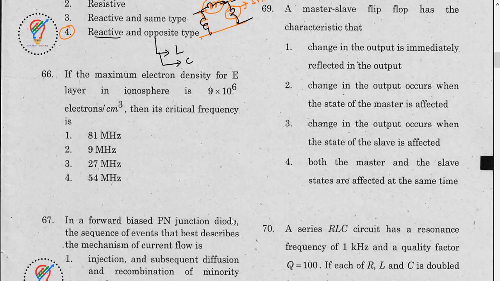The maximum electron density for the E layer in the ionosphere is 9 into 10 power 6 electrons per centimeter cube. Then what is the critical frequency?